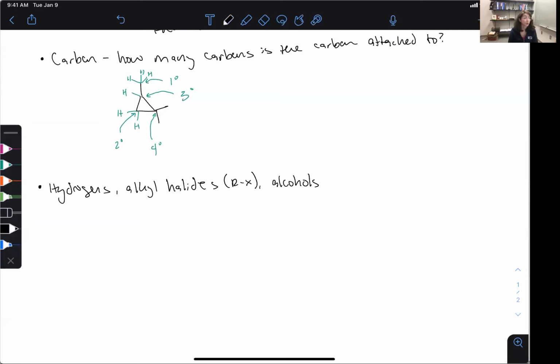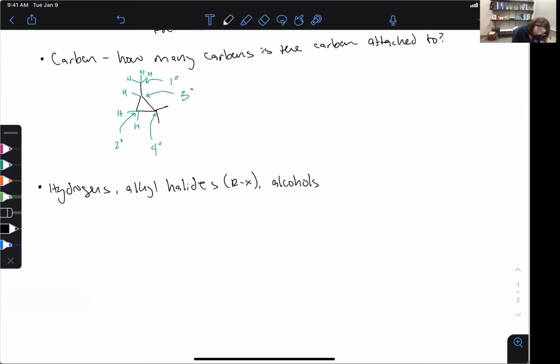Okay, so it's pretty nice. You can essentially break everything down that we want to talk about into 3 different groups or categories in terms of how exactly we're going to be assigning the primary, secondary nomenclature. So for hydrogens, alkyl halides, remember that's anything like fluorine, chlorine, bromine, iodine. Those are going to be the main ones that we see on a carbon. And alcohols, they are all going to be done the same way.